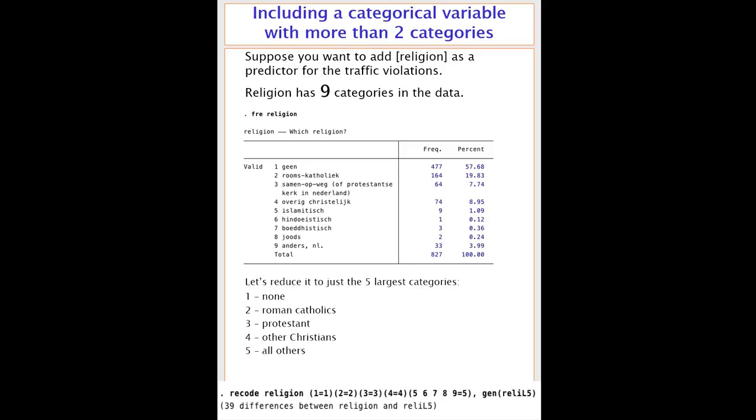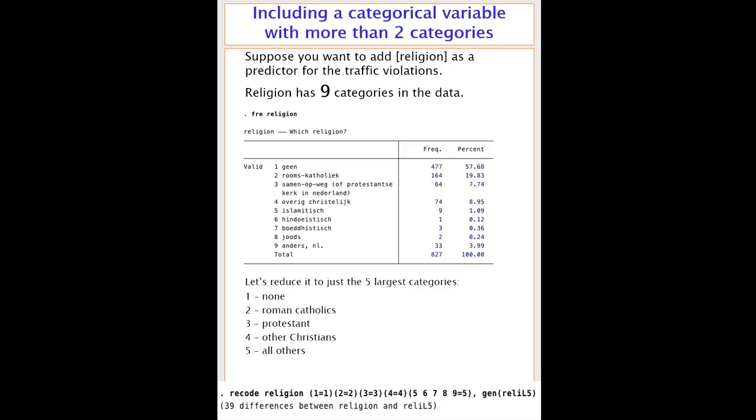So the first thing that I'm doing here is bringing this back to 5, just to make it a bit more convenient to work with. And what I'll do is get rid of the ones that have the least. So I use this recode command up here. For religion, all the 1s stay 1s, all the 2s stay 2s, all the 3s stay 3s, and the 4s stay 4s as well. The 5, 6, 7, 8, and 9 I recode to a 5.